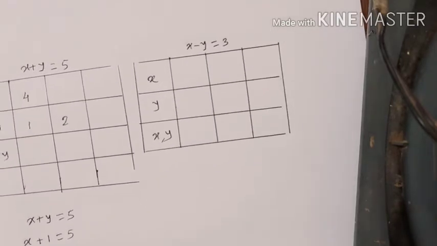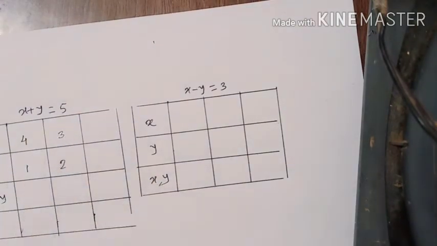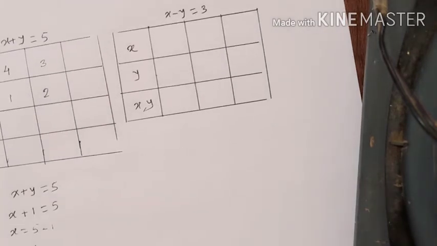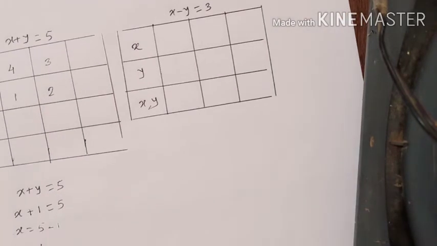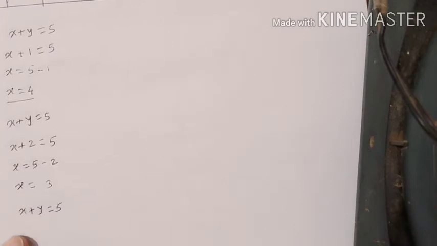Now, come to the box. The value of x is 3 here. Now, write here 3. Now, we need one more value. Therefore, write x plus y is equal to 5. It is the equation.